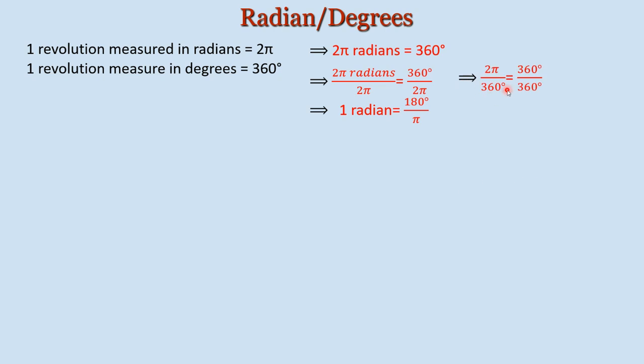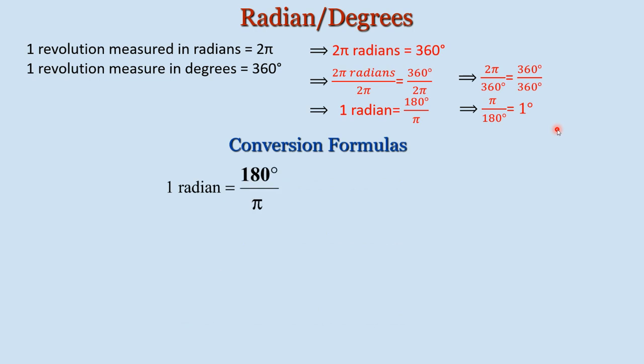And then similarly, 2 pi over 360, if we divide both sides by 360, then reducing 2 over 360 is pi over 180, and that's equal to 1 degree. So our conversion formulas then, we have 1 radian is 180 over pi, and 1 degree we can multiply by pi over 180.